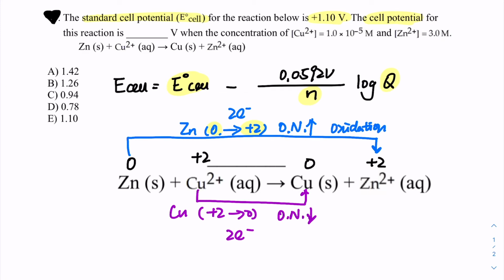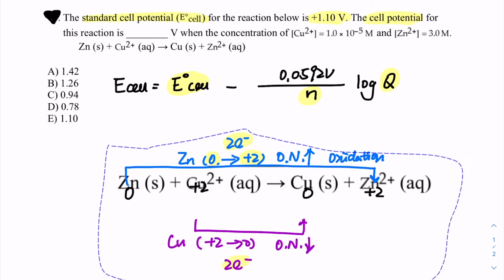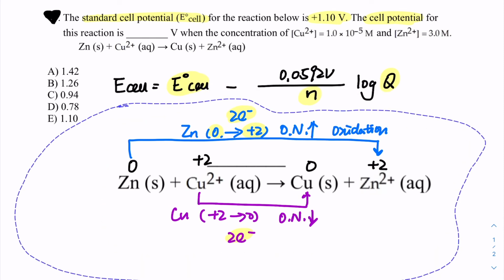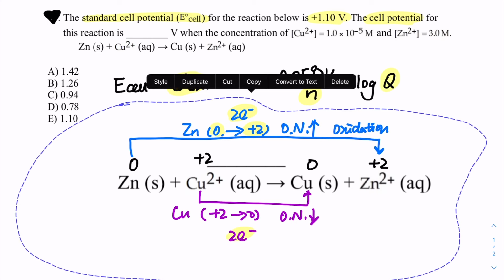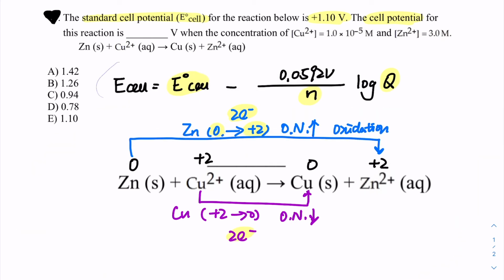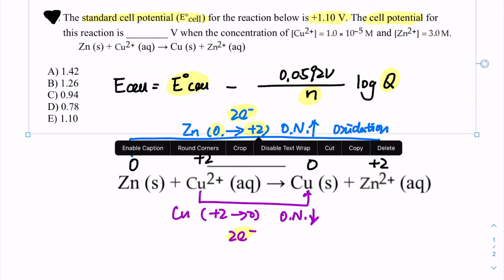So they equal each other, which is fine, and that's also what we need: we need to make sure they're equal. So it should be 2 moles of electrons. Let's bring this down.